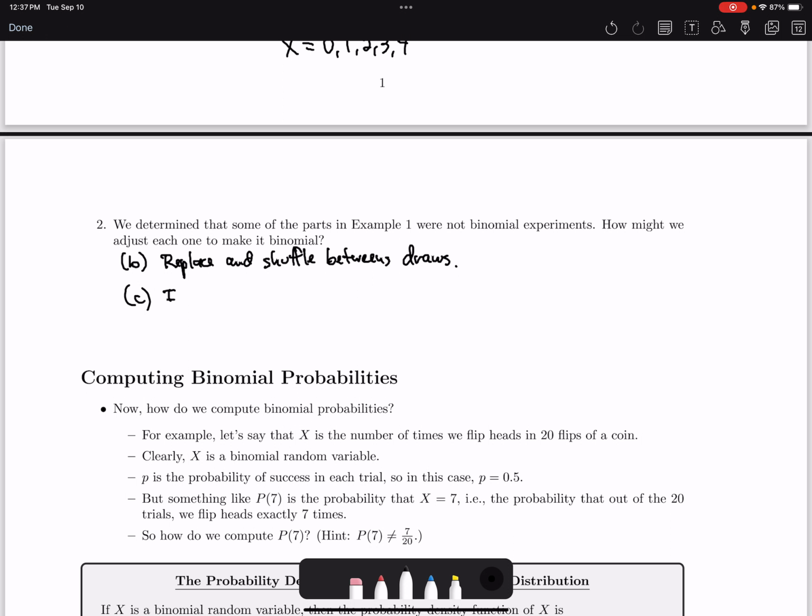So identify some outcome as success. For example, instead of recording the number that is rolled, we could record the number of times that we rolled a 2 or something like that.